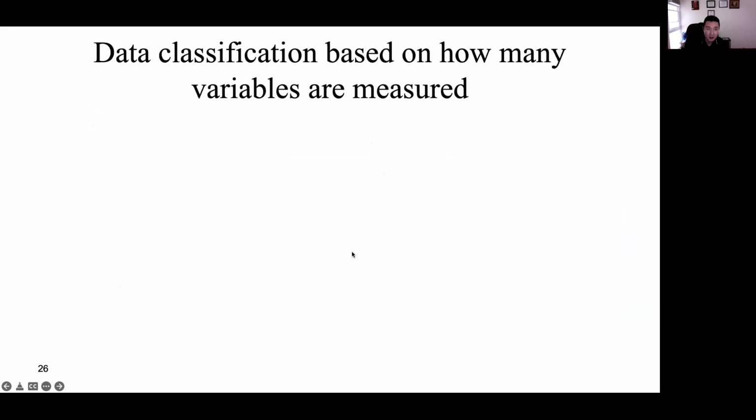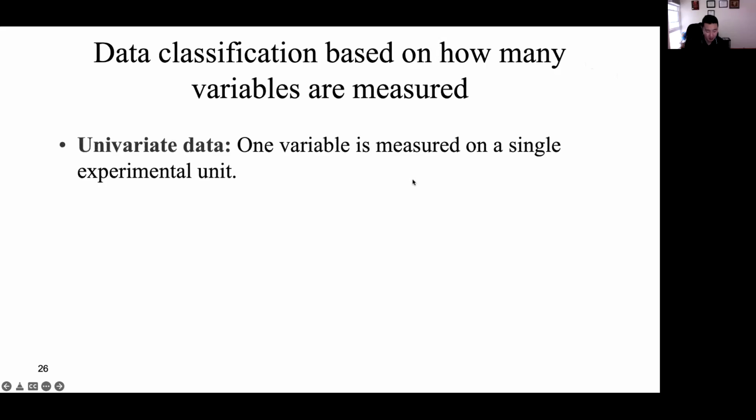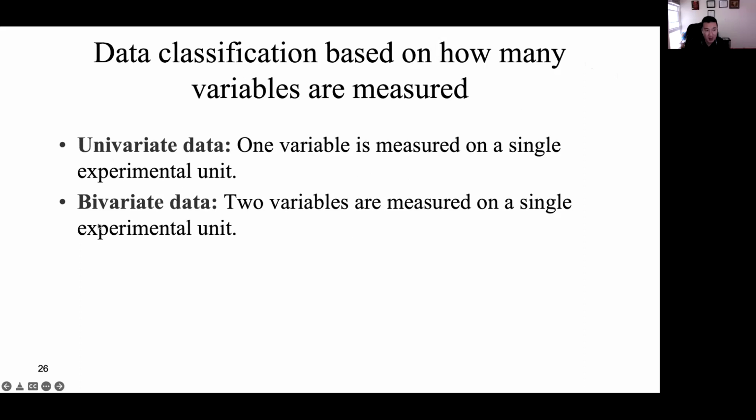So let's look at data classifications next. We can measure one variable on a unit, for example, measure the strength of a concrete block. If one variable is measured on a single experimental unit, we call that univariate data. Sometimes we measure two variables, so we call that bivariate data.